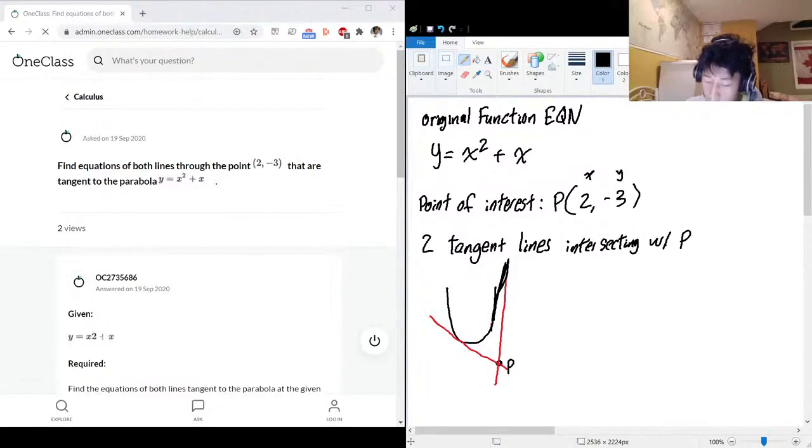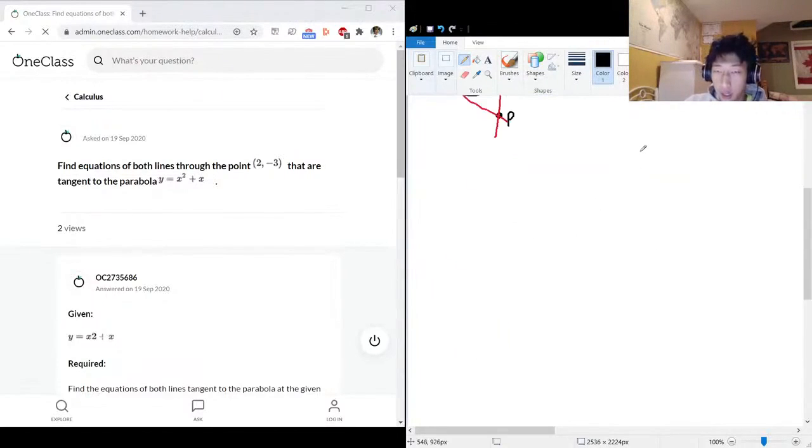Let's find those lines. We know that y is equal to x squared plus x. To find the tangent line at a certain x position, we need to find the derivative. So let's find the derivative of y with respect to x, and call that y prime.